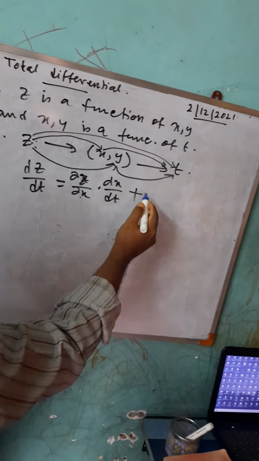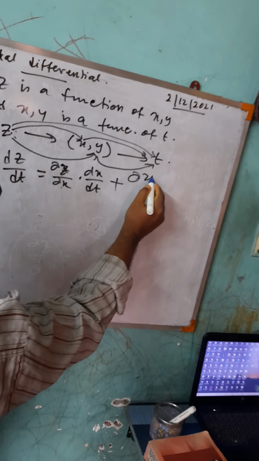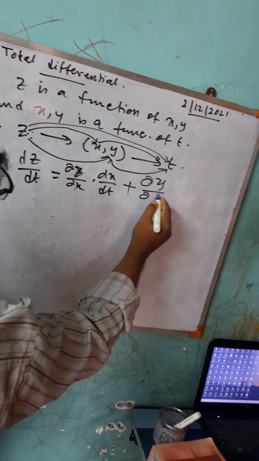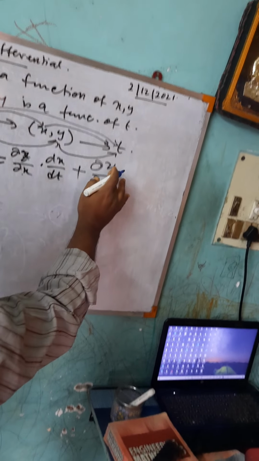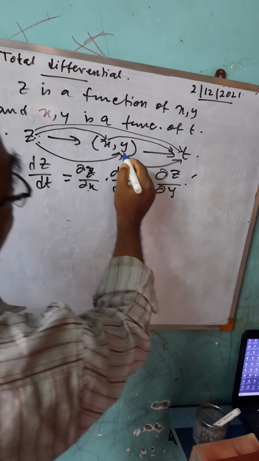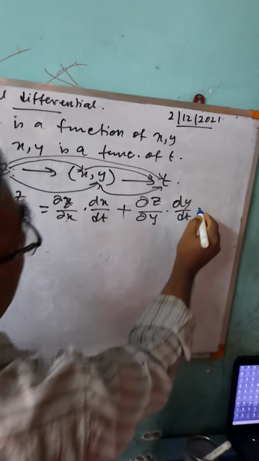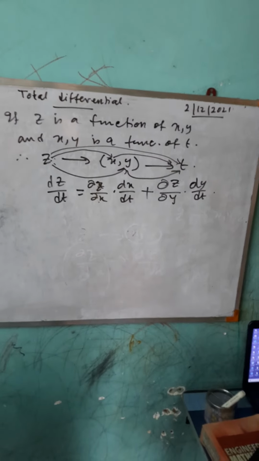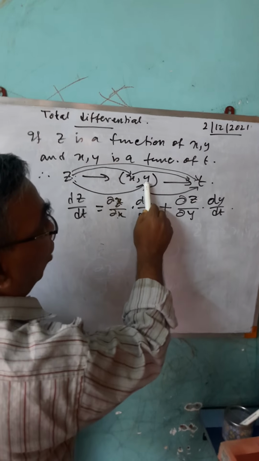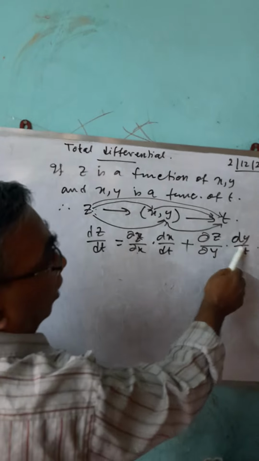For z to y, when x is constant, it is del z del y, into y to t. This is dy/dt. Understand now why dy/dt? Because for y to t there is only one independent variable, so dy/dt, not del y del t.